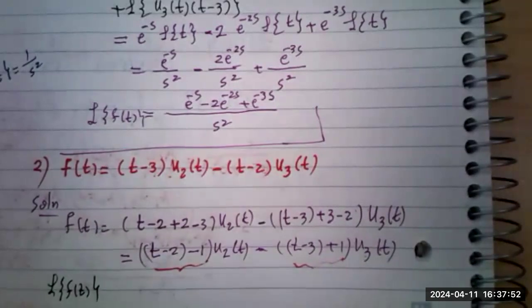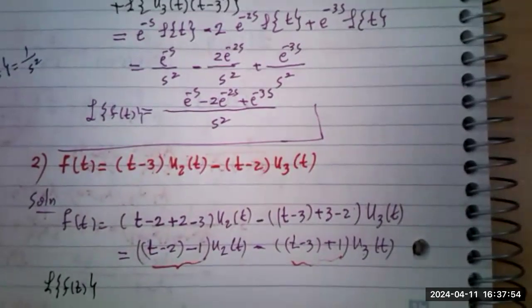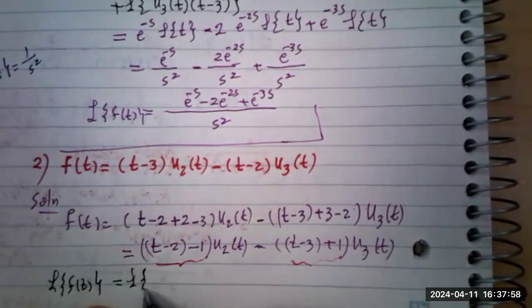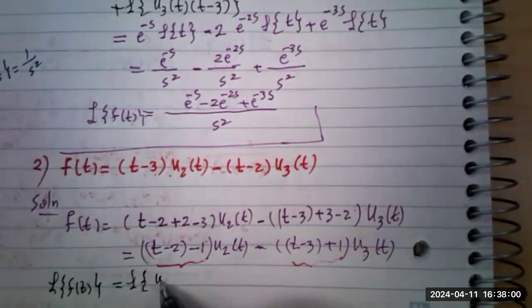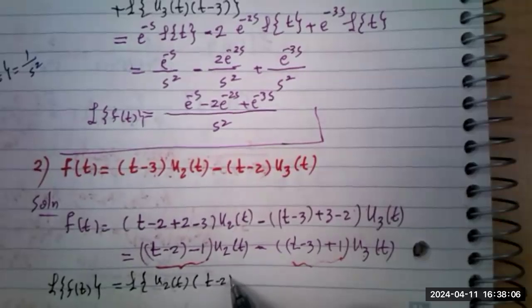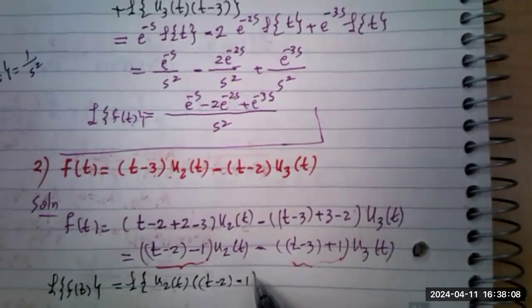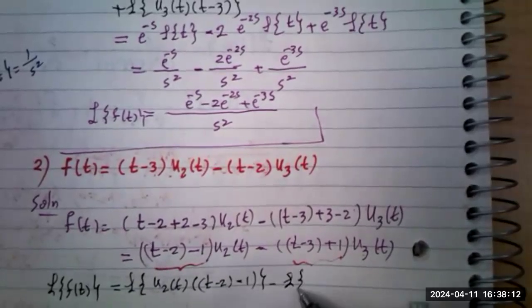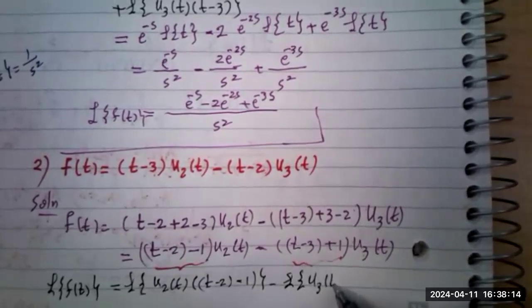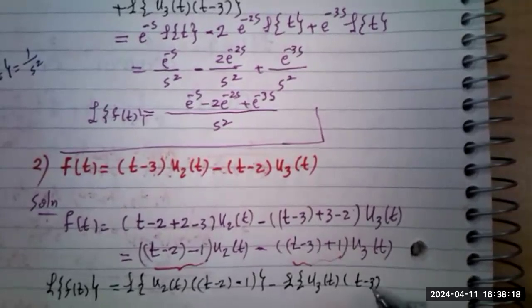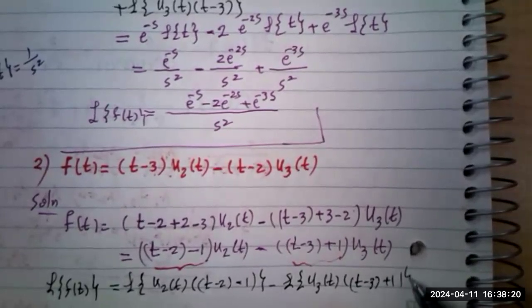You shift it 2 units. So the Laplace of f(t) is going to be the Laplace of, rewrite it, the first one, u2(t) times the function (t − 2) − 1, minus the Laplace of u3(t) times (t − 3) + 1.